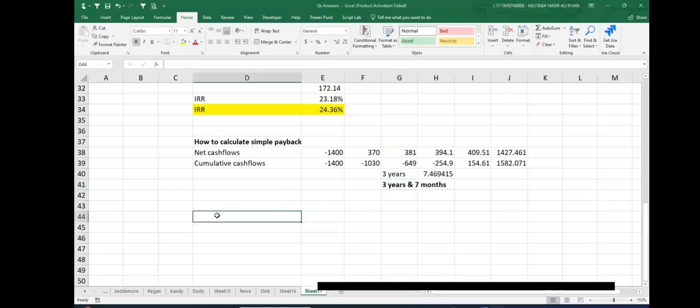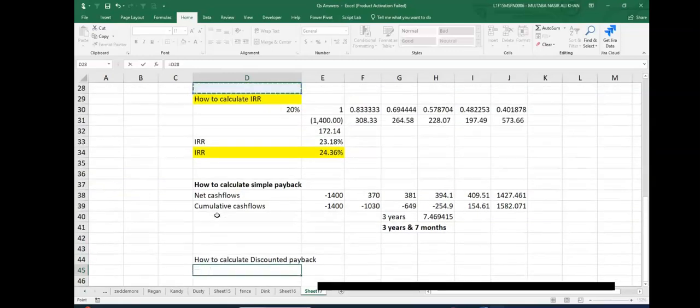Okay. Let me explain the last concept, then I will take your questions. How to calculate discounted payback. Now, link with the present value cash flows.